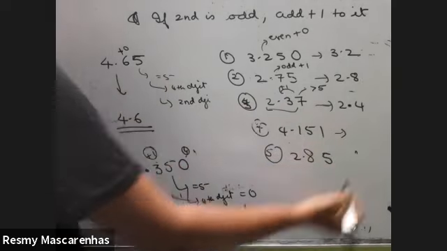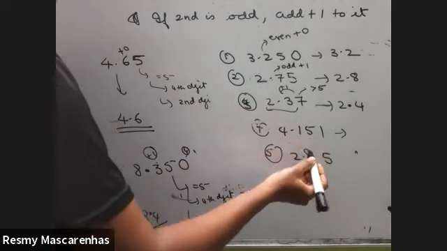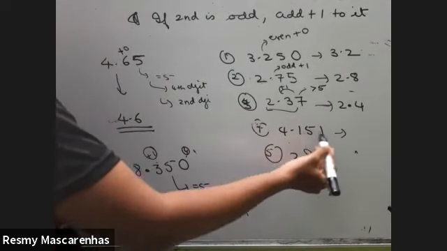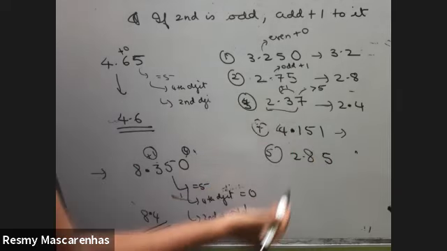What is the answer? 4.1. Yes, 4.1. Because as per the rule, wait, 4.1, just tell me again. 4.2. It will become 4.2. See, don't look at odd and even. Even though it is odd, what is the logic?